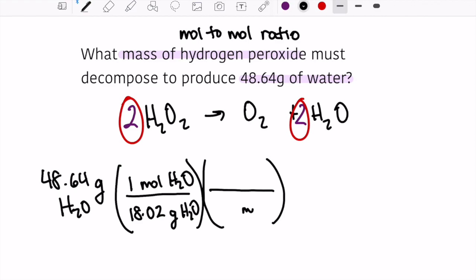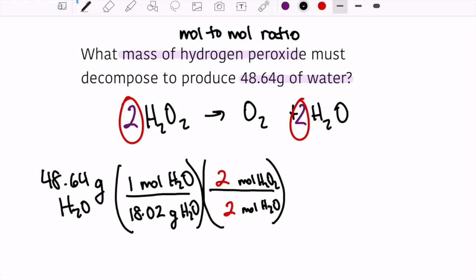So from moles of H2O, 2 is at the top, 2 moles of H2O2. And looking at that ratio, you see that 2 moles of H2O2 produces 2 moles of H2O. So that's that mole ratio for you.